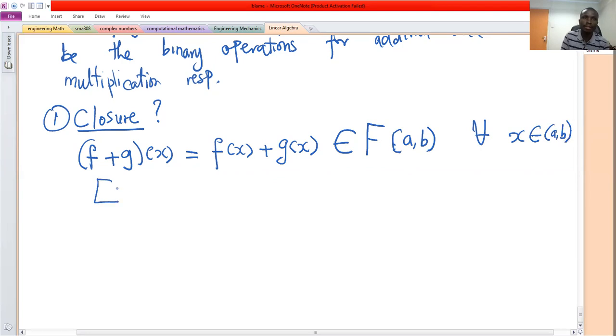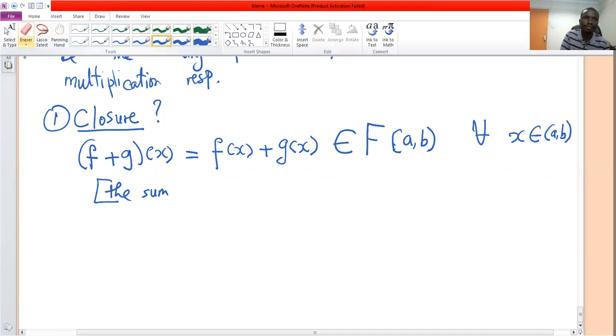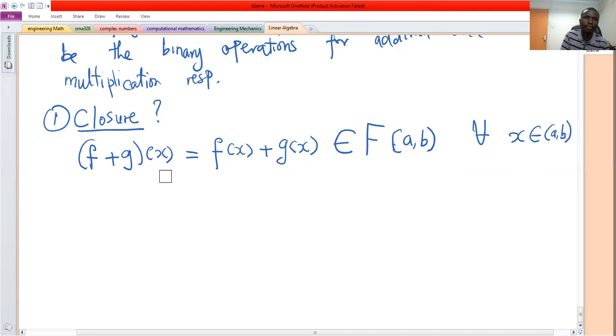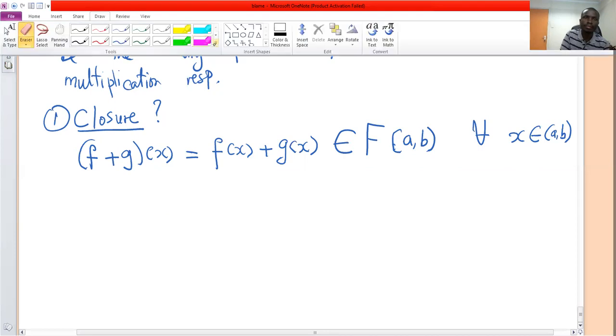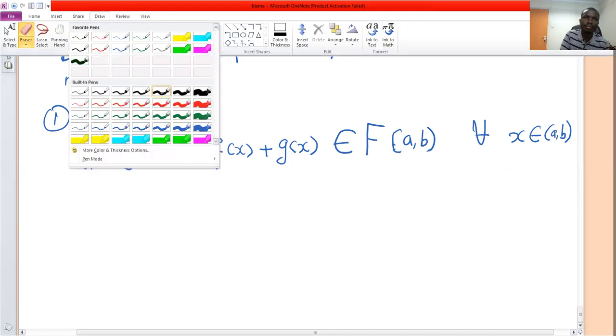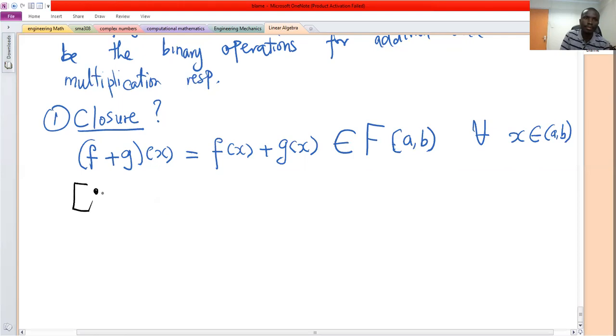So this is to say the sum, because the sum of two continuous functions. Now remember these three dots: when you write three dots in this form, it means because. And when you write three dots in this form, it reads as therefore.